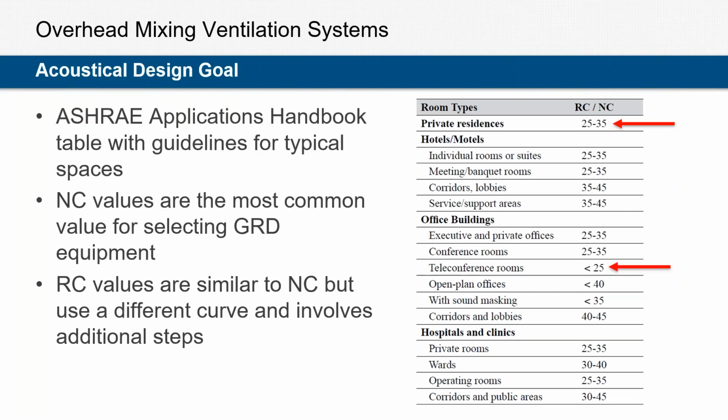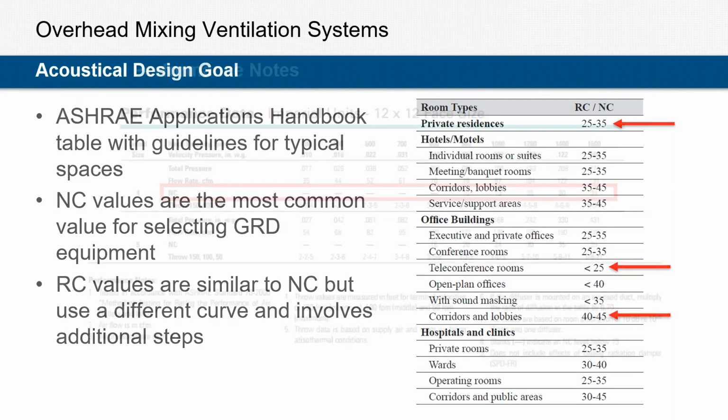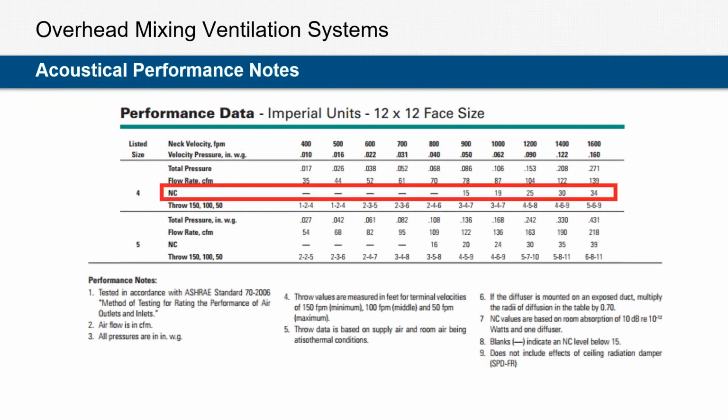Typically, we're looking for lower sound levels. And then corridors or lobbies, much higher, NC 40 to 45. And in some cases, background noise is actually desirable to mask those conversations and other noises that might be happening in those spaces. So something to consider when you're selecting the diffuser, that it shouldn't always just be NC 25. We should look at where it's going.